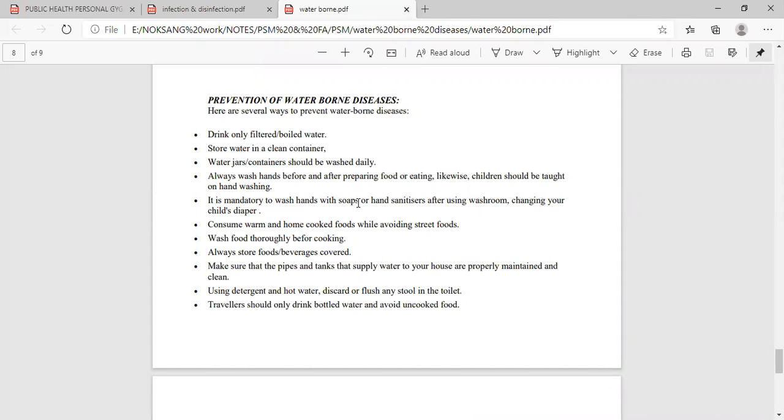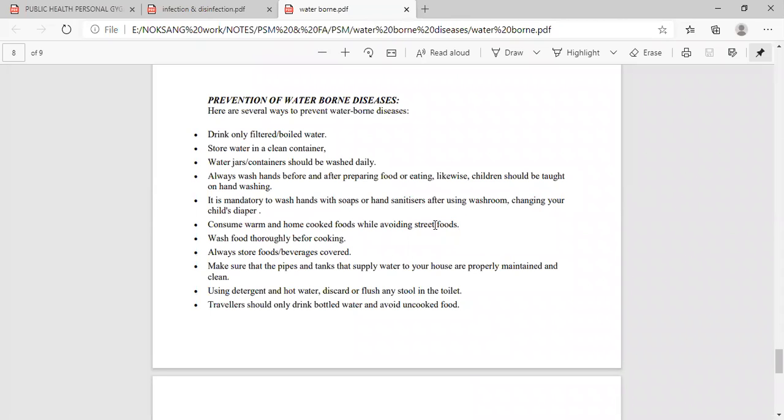If not soap, at least you should use hand sanitizers after using the washroom. Okay. And then you should always consume warm and home cooked foods while avoiding street foods. Because of street foods, many people get many kinds of diseases, waterborne diseases that are spread through food poisoning. Okay, so all these mainly occur through street foods.